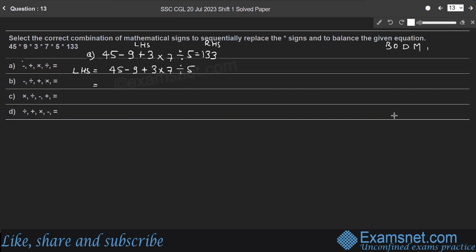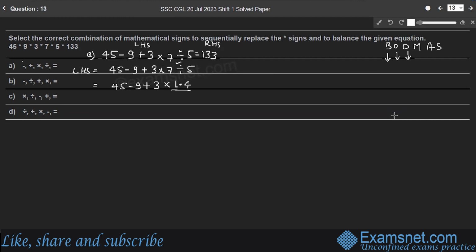According to the BODMAS rule, remove the bracket part first. There is no bracket to remove. There is no off part. Let's start with division, since the division part is 7 divided by 5. So 45 minus 9 plus 3 into 7 by 5, which is 1.4. You can leave it as it is, or you can write 1.4, a fraction or a decimal.